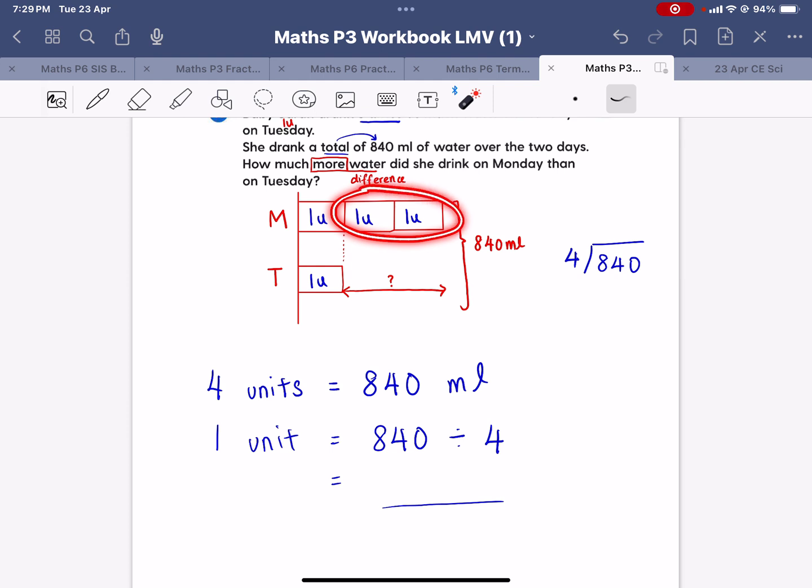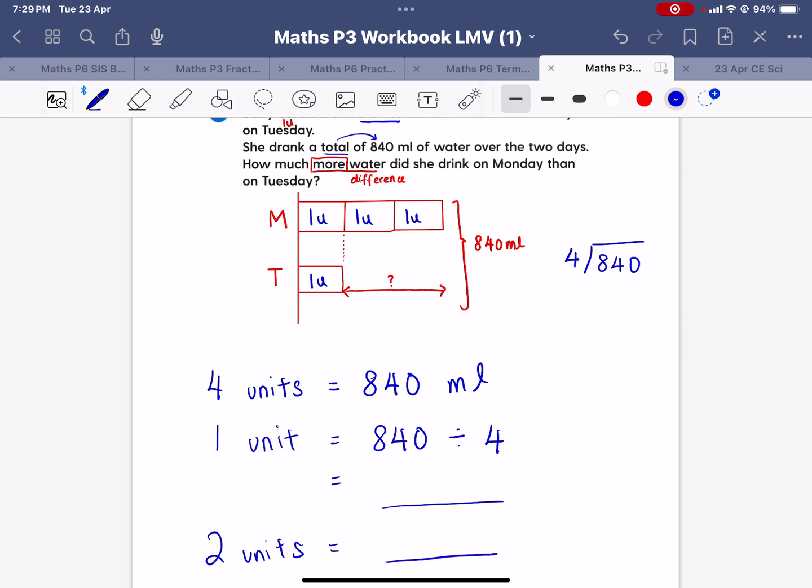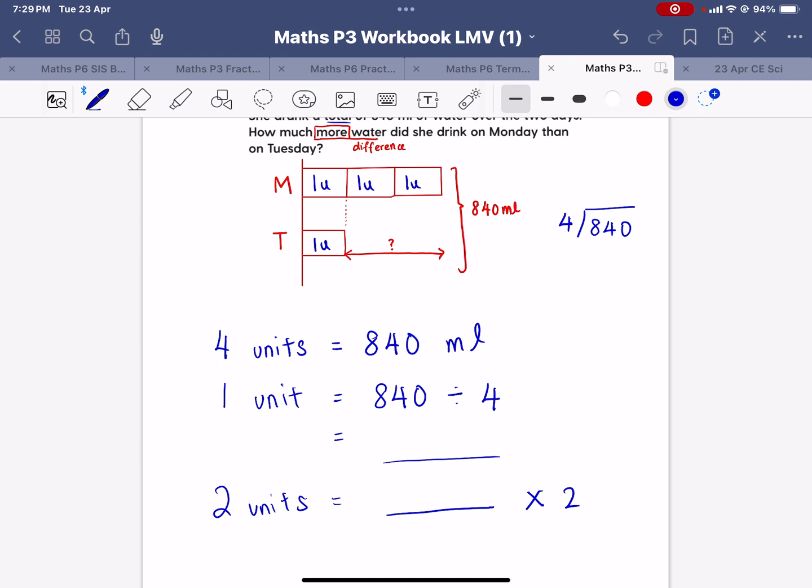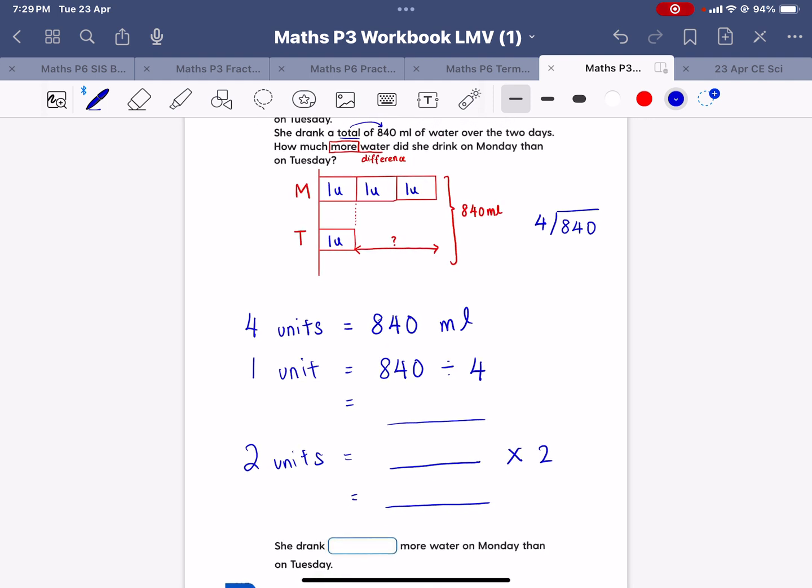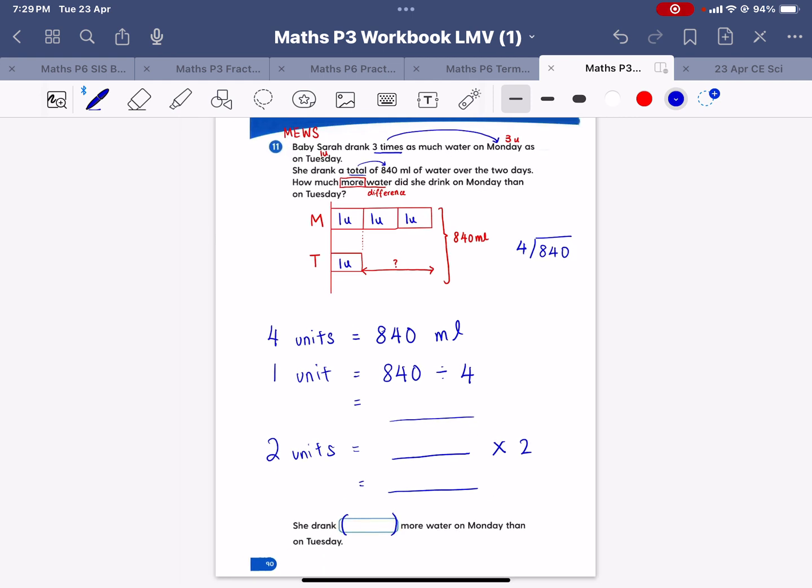So we take what we know from 1 unit and multiply it by 2 so that we know how much these 2 units actually represent. And we will have our final answer in the box as well. So this will give us the answer for this question.